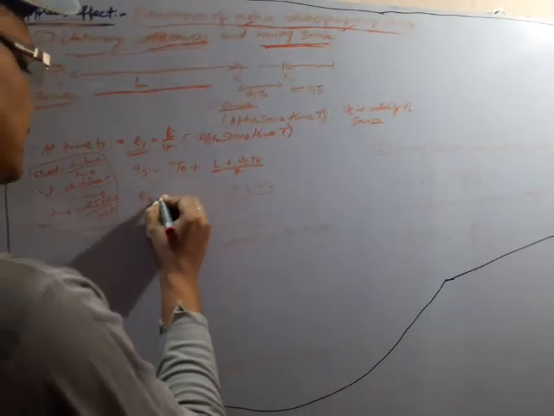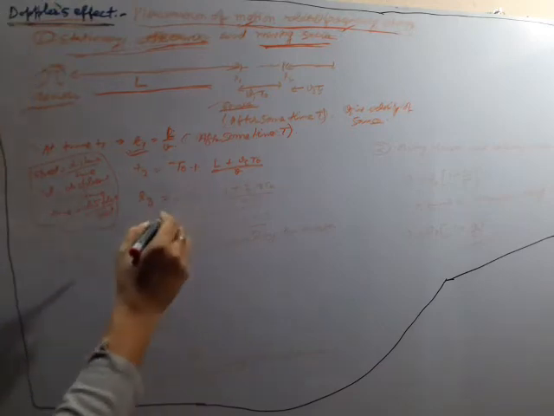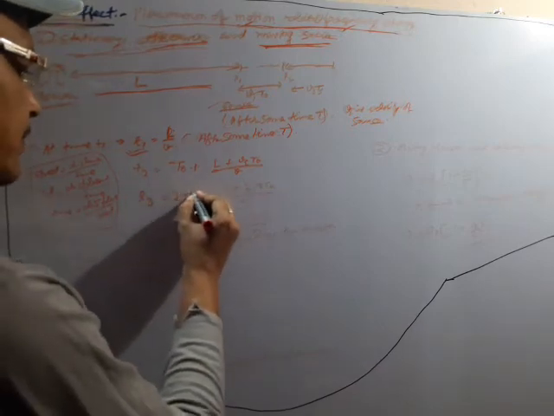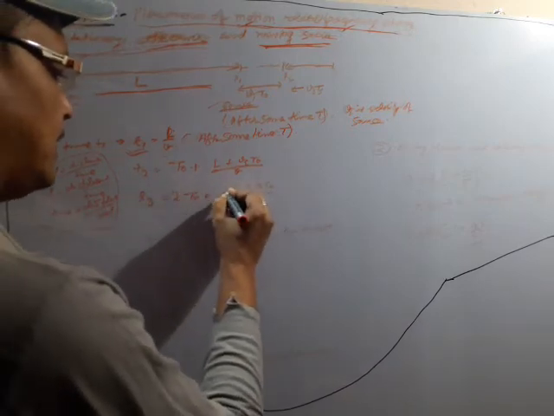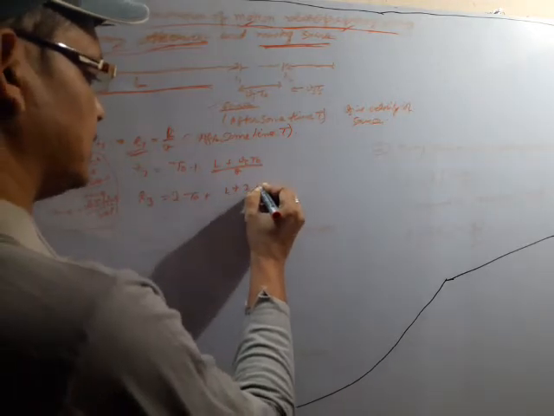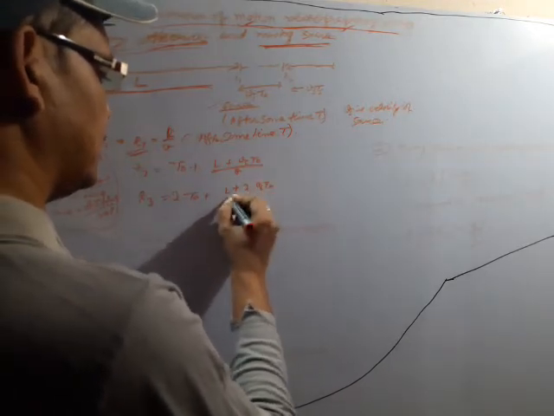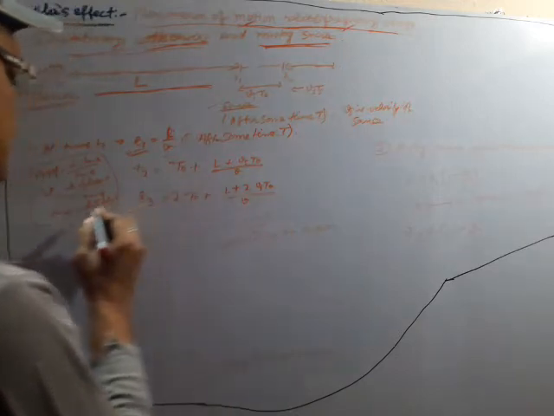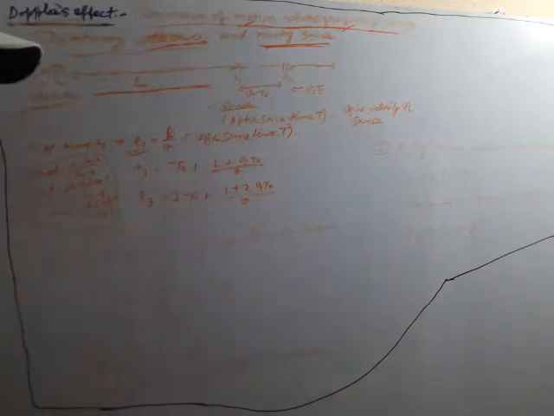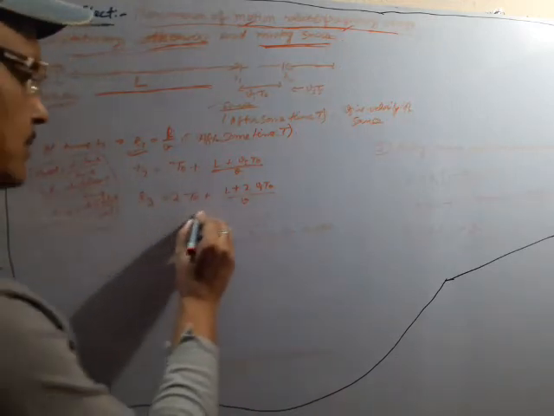t3 is equal to what? Now it will be 2t0 plus L plus 2Vs t0 by V. Same thing, time is distance by velocity. So on.